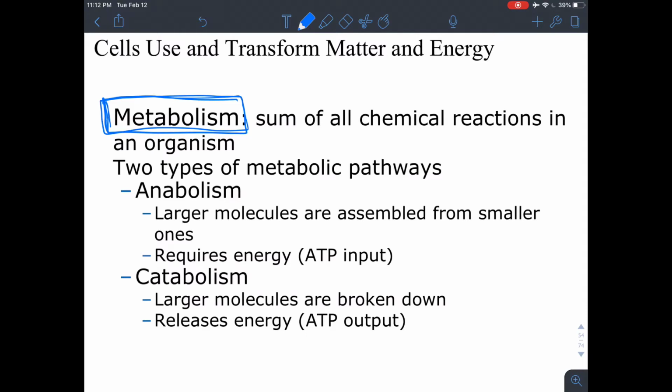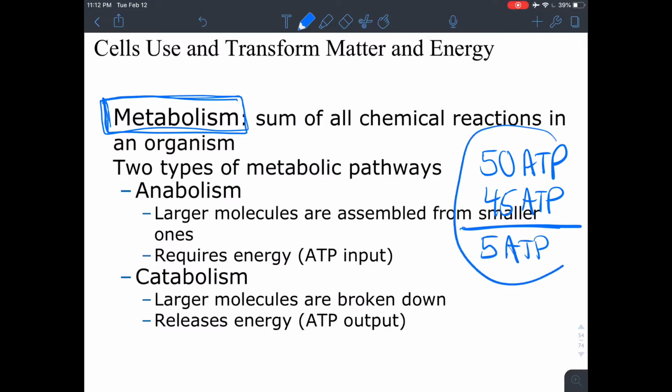So it would look like this. Let's say we accumulate 50 ATP and we burn 45 ATP, and it's sort of the sum total. We're left with 5 ATP, and this process, the collecting and the burning, is called metabolism.